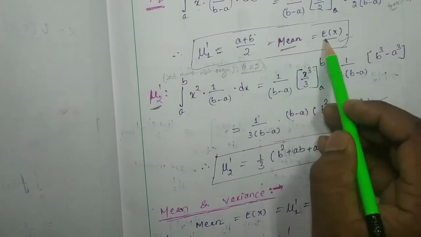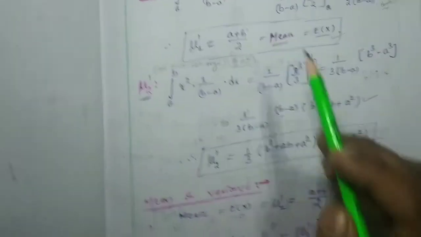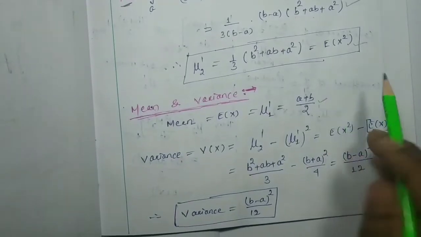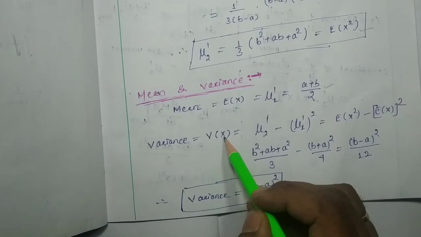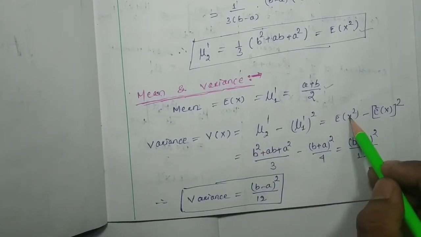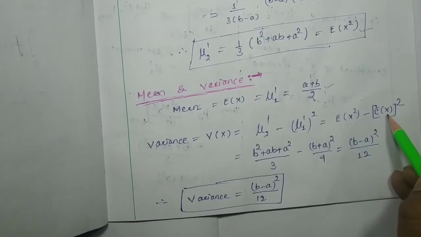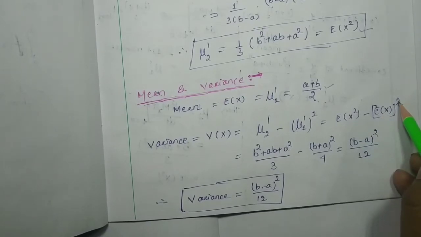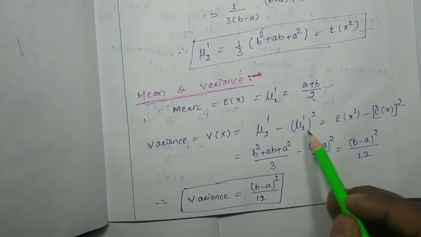Expectation of X is nothing but the first moment, equal to (a plus b) by 2. Variance of X is equal to expectation of X square minus mean square, or expectation of X whole square, that is, mu2 dash minus mu1 dash whole square.